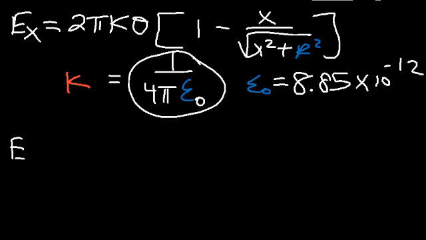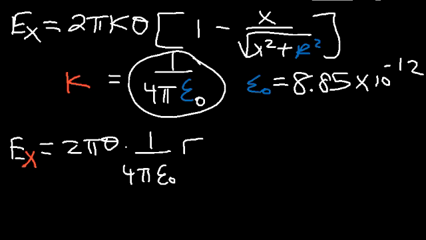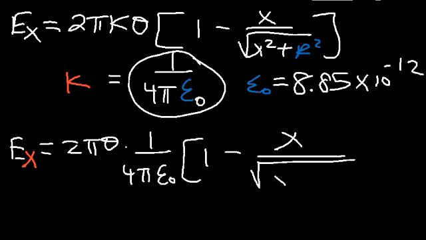So the electric field in the x direction is now equal to 2 pi sigma times 1 over 4 pi epsilon sub naught times this stuff. So we can cancel the pi and the 2. 2 over 4 is basically 1 over 2.